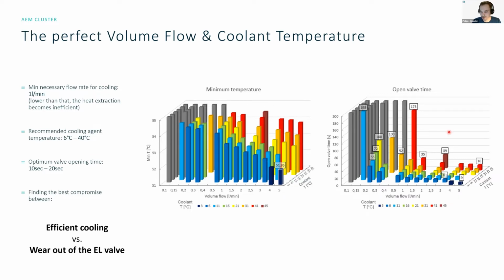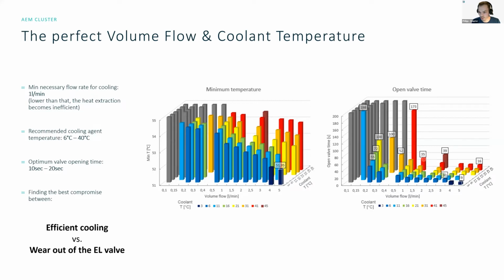Now let's look at the graph on the right side. Here we are analyzing the opening valve time, and we can see again that these bars on the left side and in the back, the dark gray ones, do not provide sufficient cooling. So it doesn't matter how long the valve is open, it cannot provide enough cooling power for the electrolyzer.